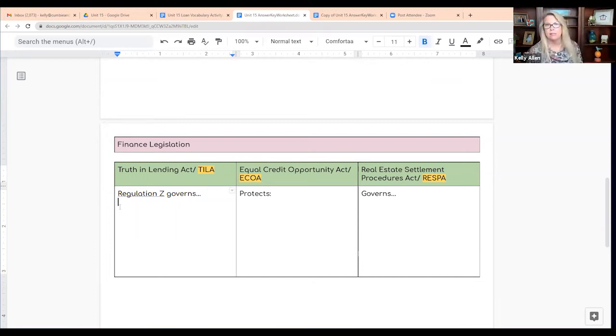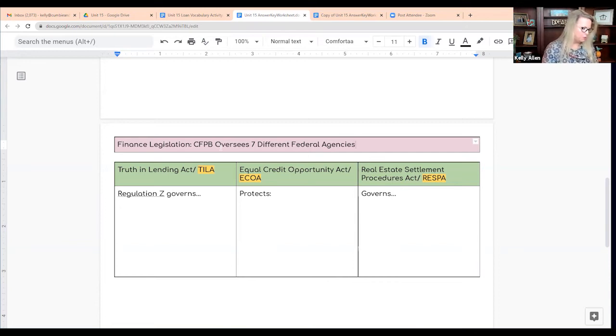Okay, so the CFPB is going to be over all of, or most of the legislation you're going to learn about here. So the CFPB oversees 7, count them, 7 different federal agencies, including the Federal Reserve Board, HUD, the FTC.